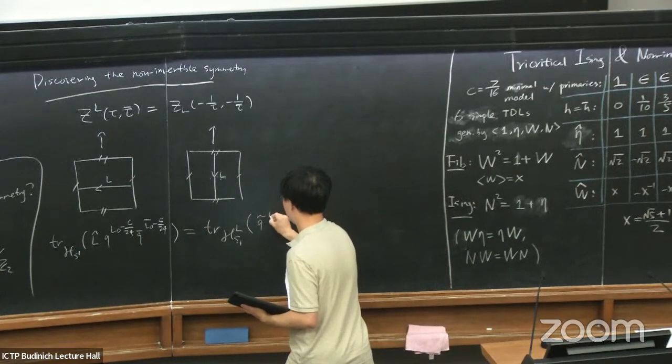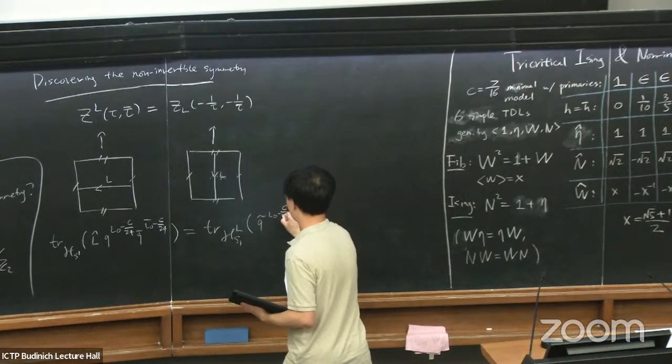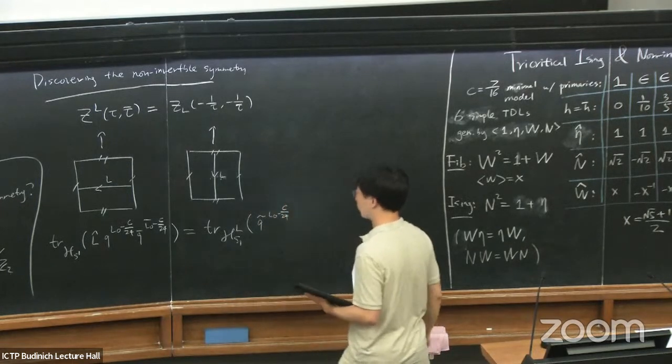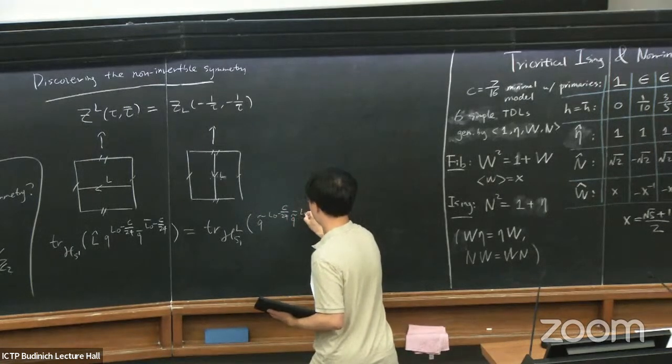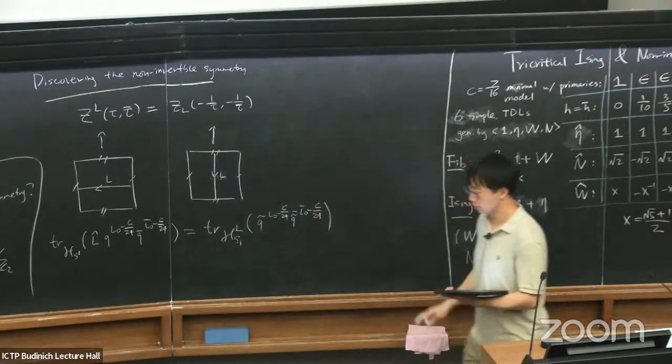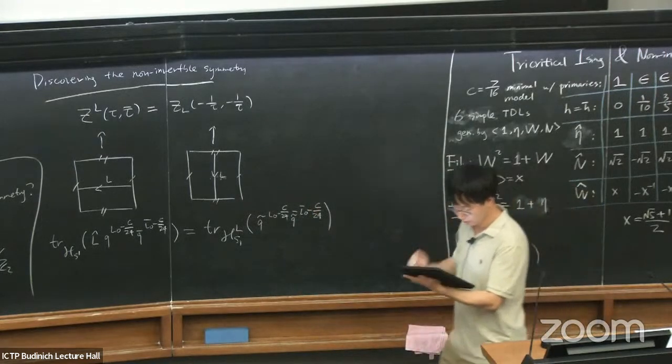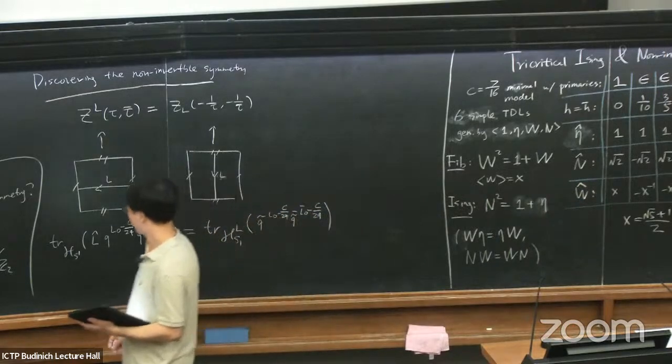And the S-dual version of the torus modulus enters into this expression. I'm writing this for general c, but here c is equal to 1/2 in this specific example.